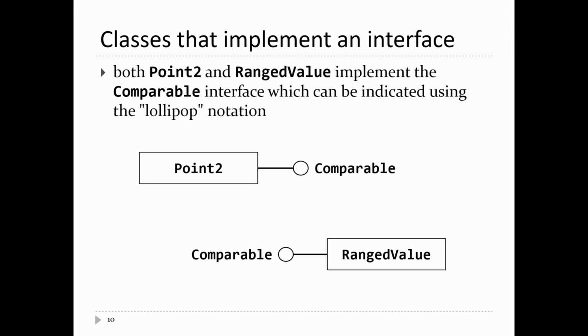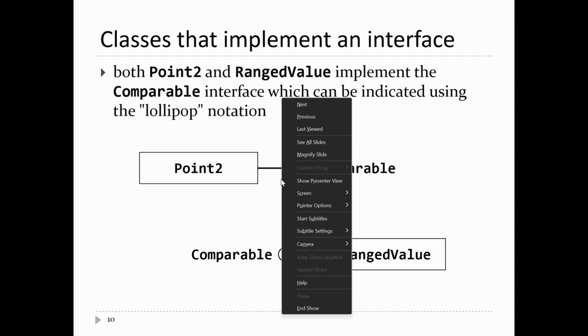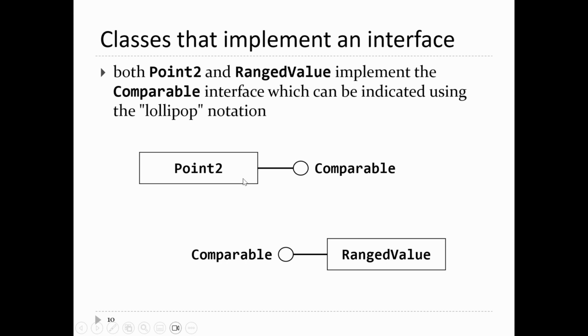If you want to indicate that on your UML class diagram, you just attach this little line and circle to your class, indicating the interface that you're implementing. Again, I guess in the winter term, there was a class called ranged value that also implemented comparable.